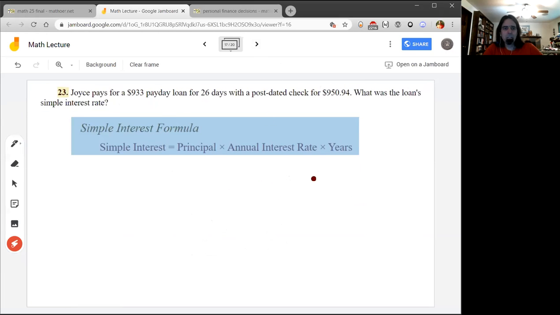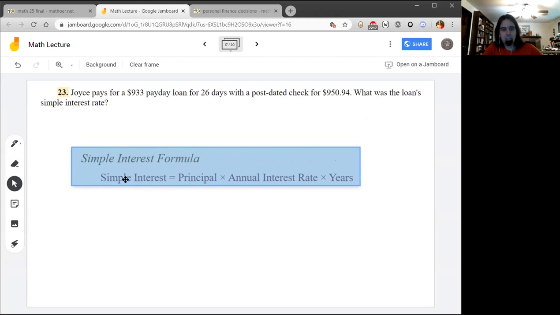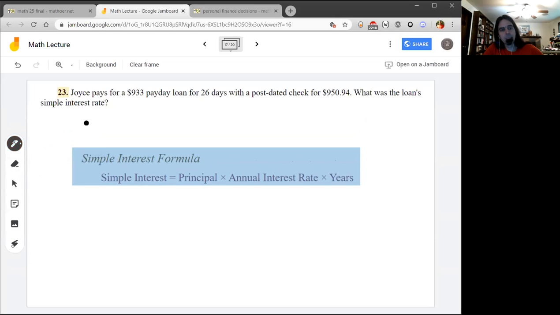So for this one, it's a little trickier. There were two things. Let me move this down a little. First, the interest is not given to us. It's the amount that she writes a check for minus the amount of the loan.